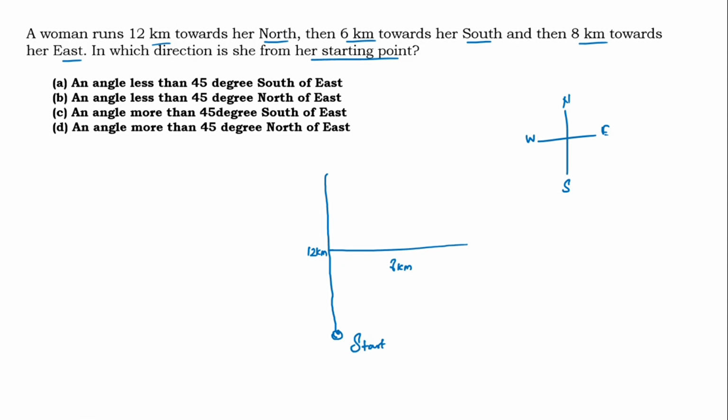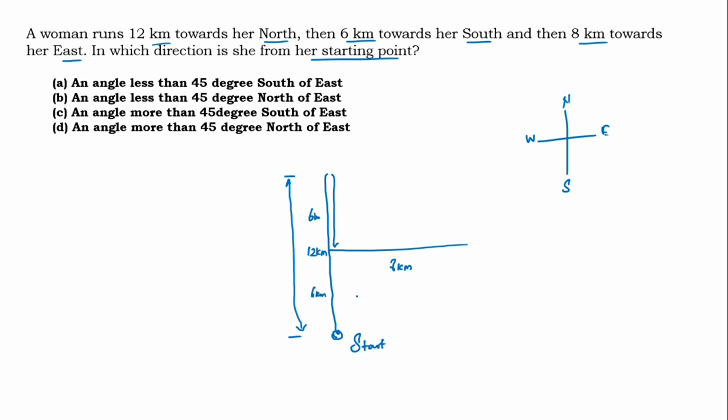So totally this is 12 km, right? She ran again 6 km to the south. So 6 km and 6 km.